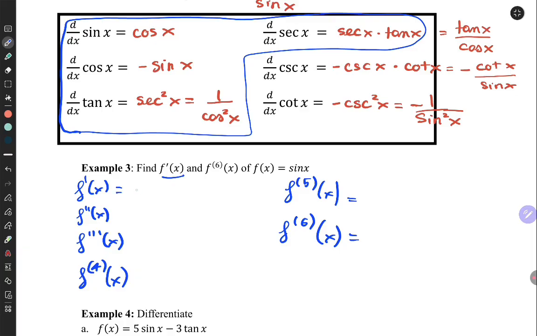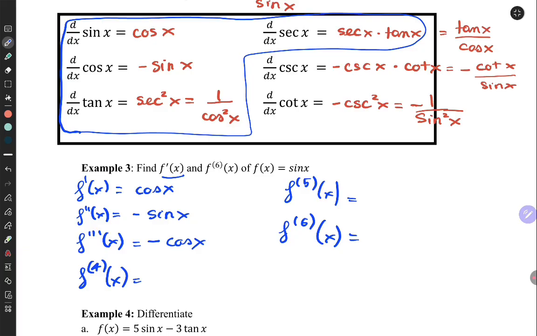So the first one is sine, cosine. But the second one, derivative of cosine, is negative sine. The third one, you take the derivative of this thing, but there's a negative in there. So the derivative of sine is cosine with this minus. Therefore, when you take the fourth one, you take the derivative of this with a minus.